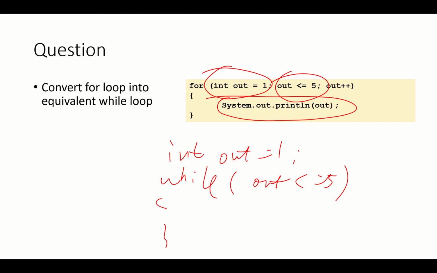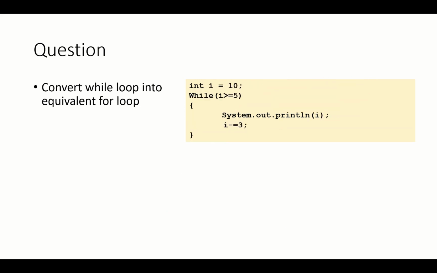Third step, put the loop body right here, just the print, okay? Then we update out, which you should include in the while loop body, right? Okay, that makes sense? Okay, we'll change back to the for loop.